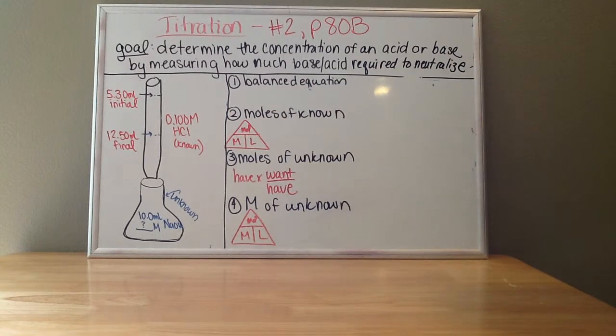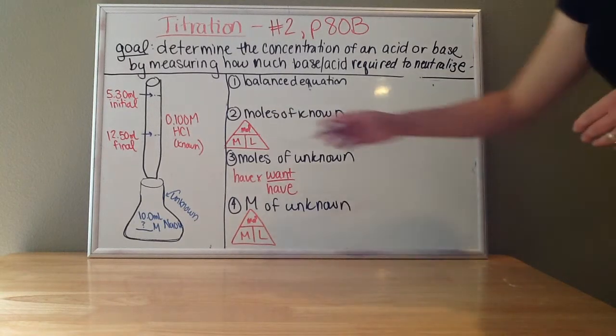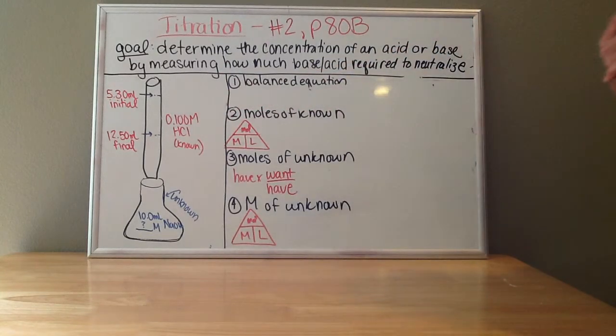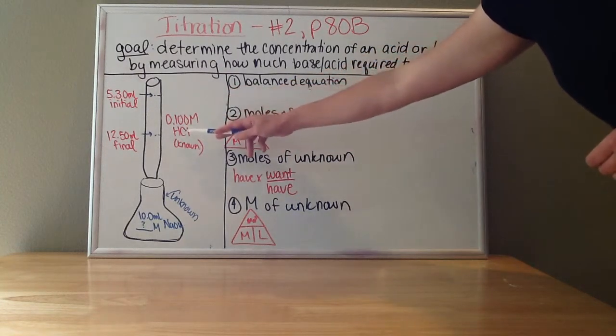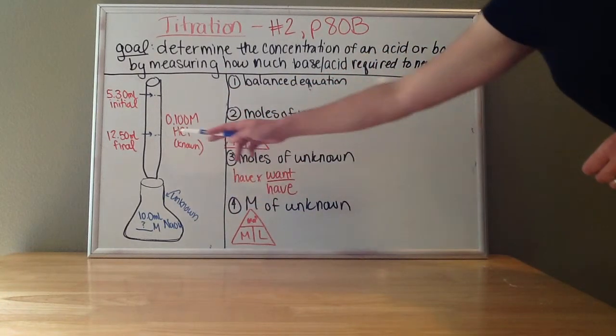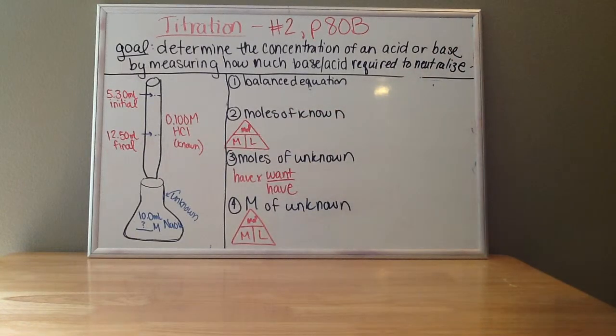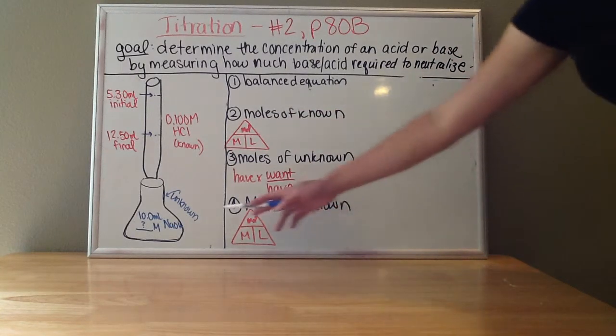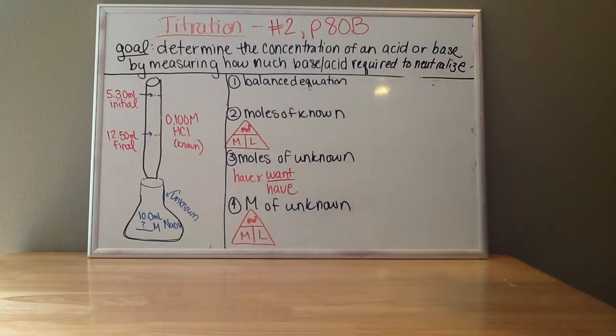It's 0.1 molar, and we know from our burette readings that the initial volume of acid in the burette, the initial reading, is 5.30 mL, and after you have added enough acid to neutralize your base, my final reading is 12.50 mL. If we're using the indicator phenolphthalein, in this case we'd be looking for the phenolphthalein to start pink and to turn clear. This would be the opposite of what we were doing before.